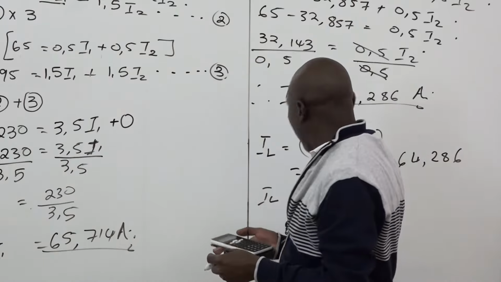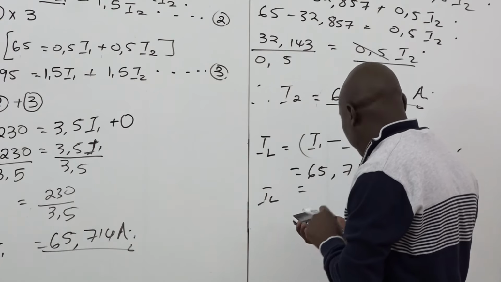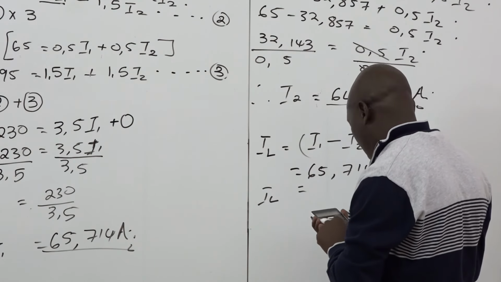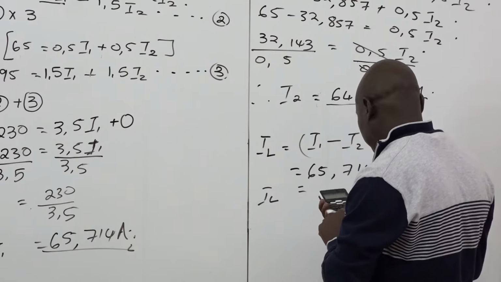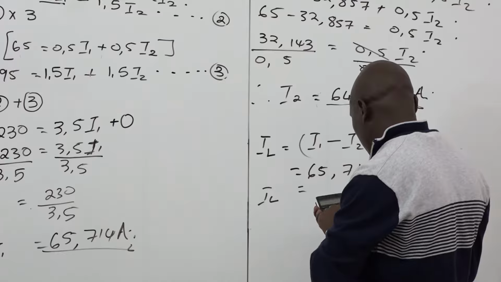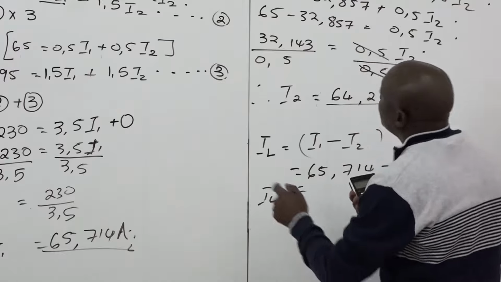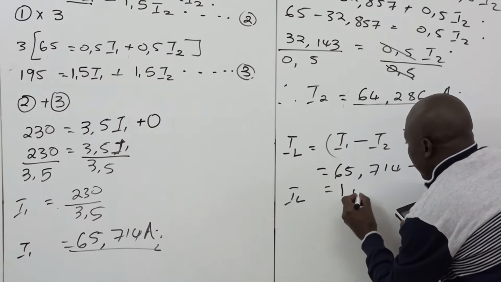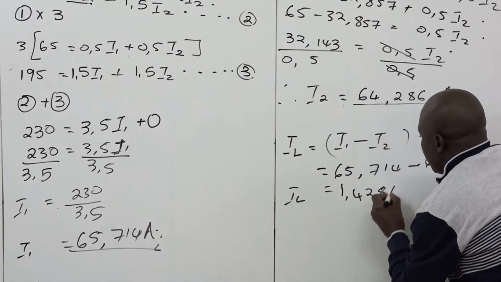Let's see what happens with the value of the I load. I have 65.714 minus 64.286 equals, and the value that is going to pass through our load is 1.428 amperes.